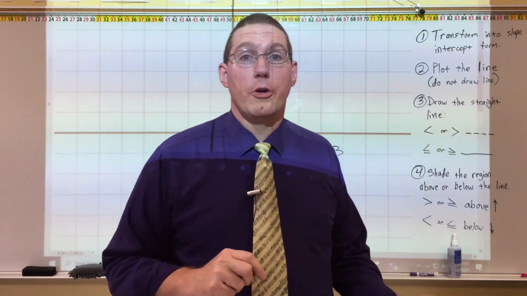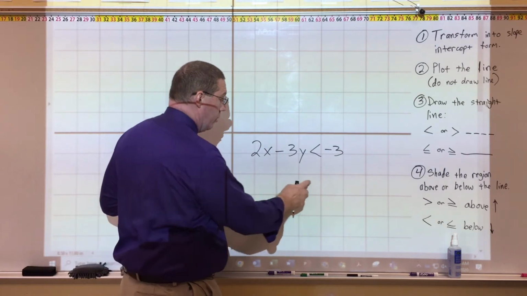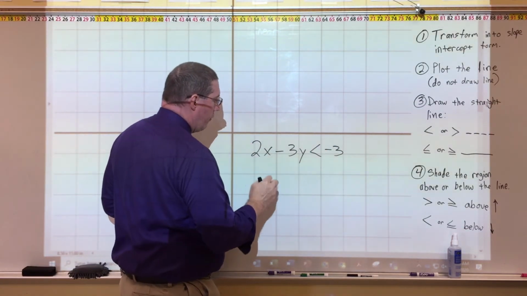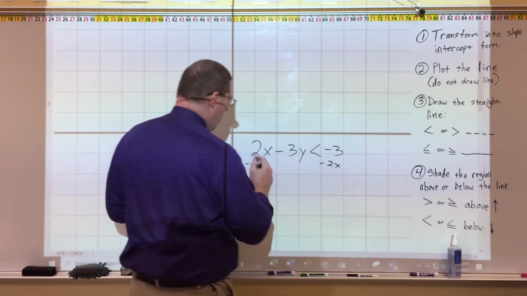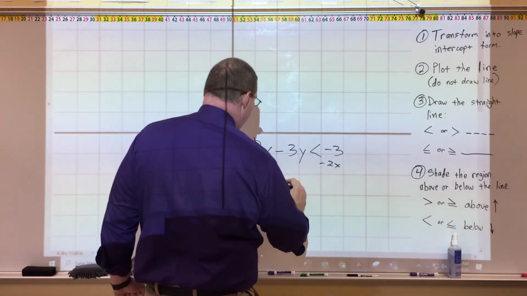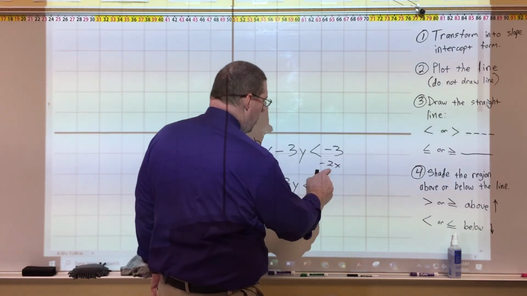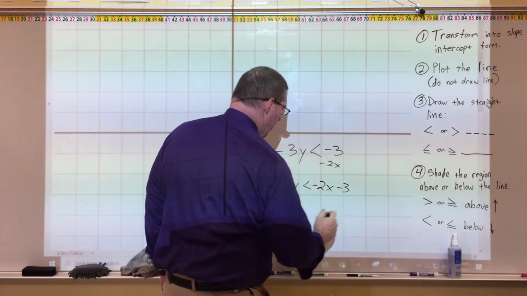All right, basically what we're doing here is a literal equation. We're trying to solve for everything in terms of y. So the first thing I'm going to do is subtract 2x from both sides. Subtract 2x. It's going to cancel over here. It's going to leave me with -3y is less than -2x minus 3. Okay?